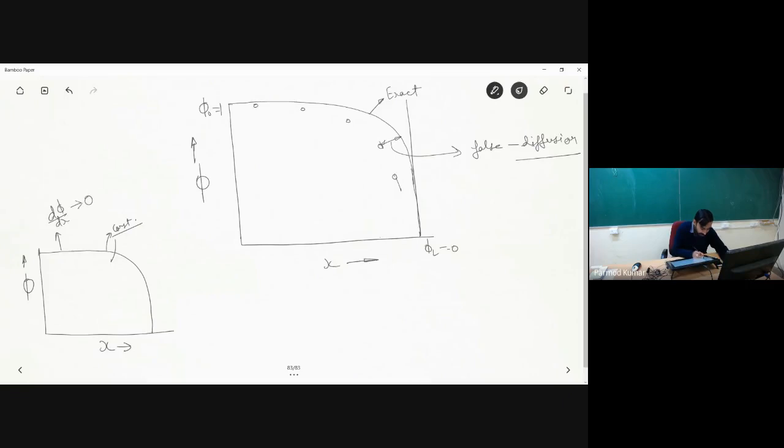It will be approaching 0. Whereas in this particular portion, close to the right side, you will find that you have some significant value for d phi by dx. It is not exactly equal to 0.